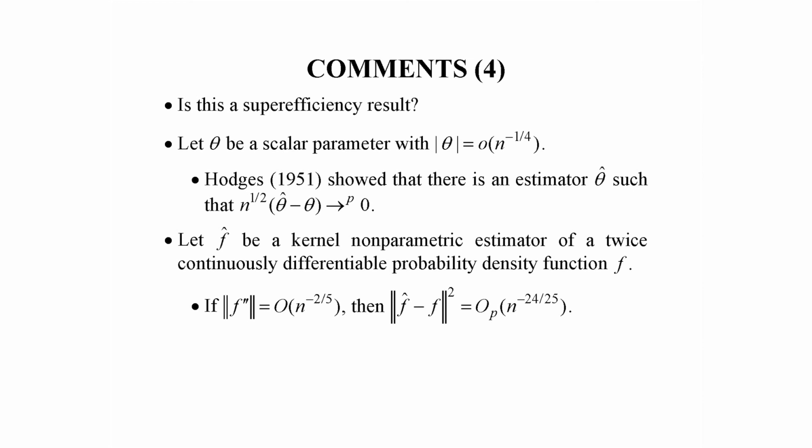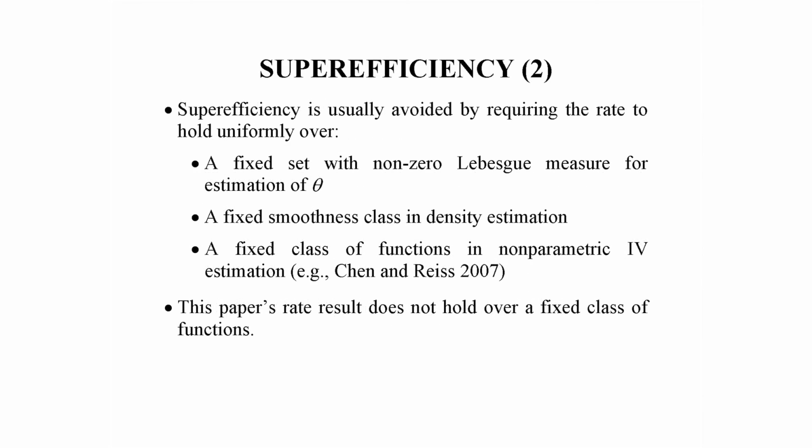The way that they are normally dealt with is by treating super efficiency as a pathology, and defining efficiency to mean that whatever the rate of convergence is holds uniformly over a fixed set of non-zero Lebesgue measure in the case of estimating theta. In the case of density estimation, it's over a smoothness class, not over some small neighborhood.